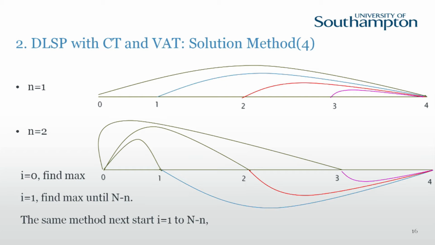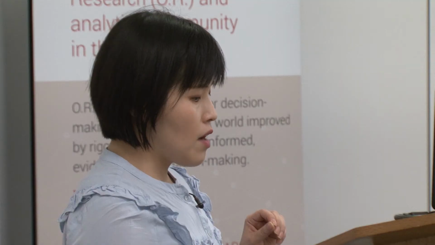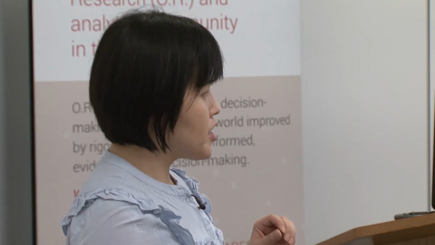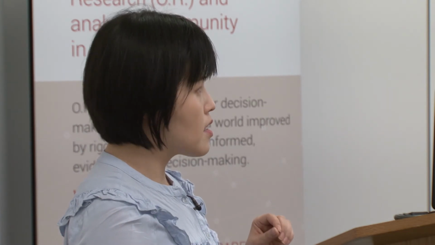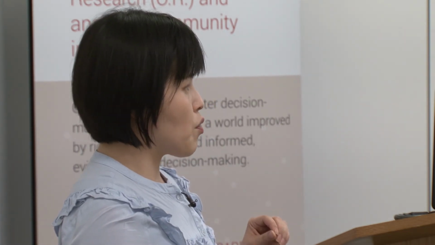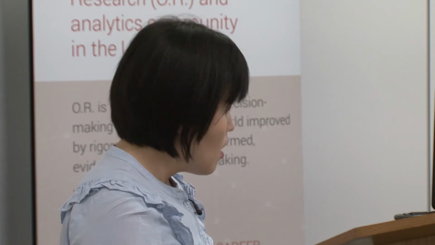When n equals 2, I start from node 1 until 3, combined with the previous calculation I had done here. Then we continue from 1 to 2 and combine with the previous ones, and find which value gives us the maximum when n equals 2. So we compare with the previous ones, and continue until n equals 4.